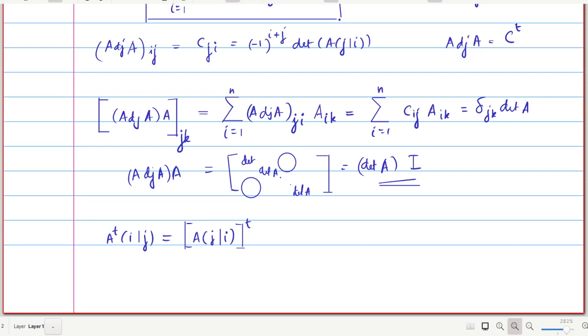Using this equality, we can easily prove that A times adjoint of A also gives the same formula.